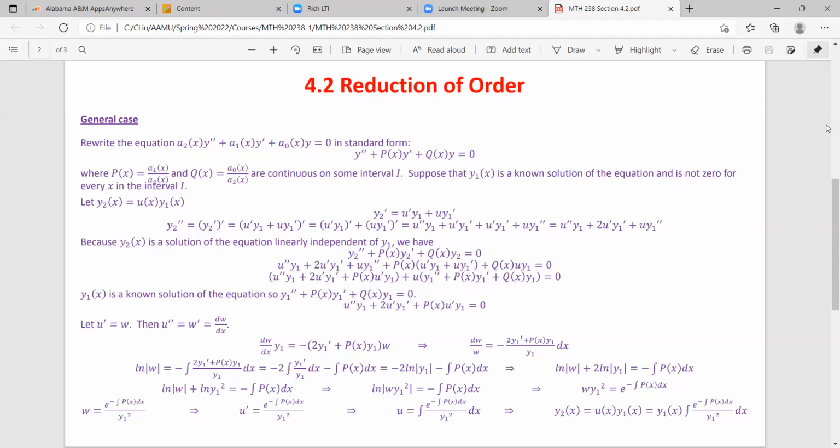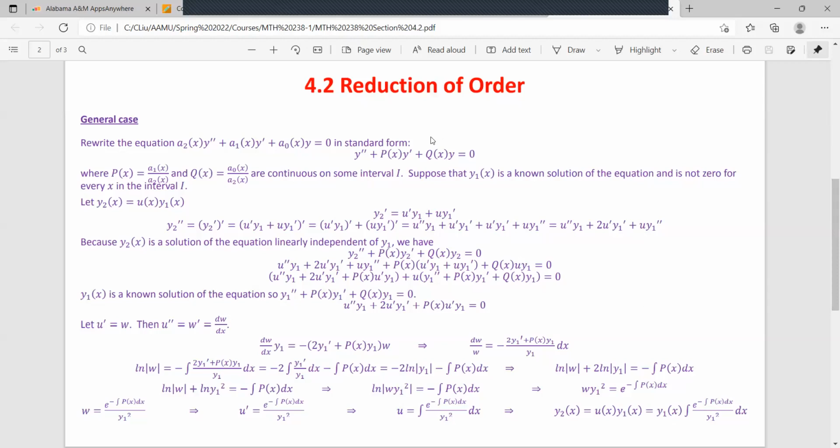So if you look at the last formula on the bottom line, y2 is just equal to y1 times the integral of e to the negative integral p over y1 squared. So y1 squared we already found.